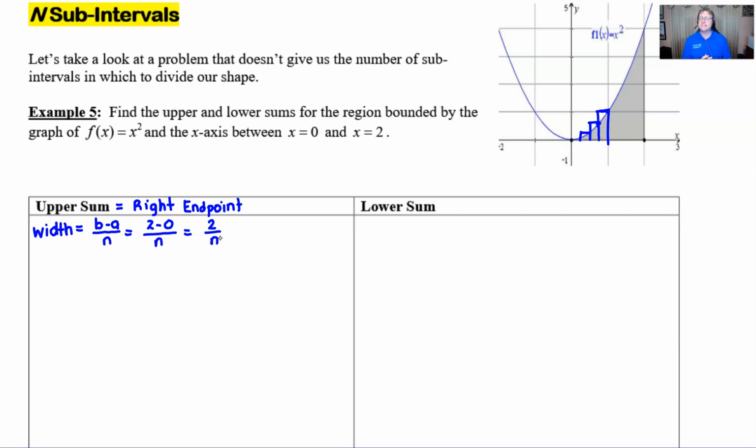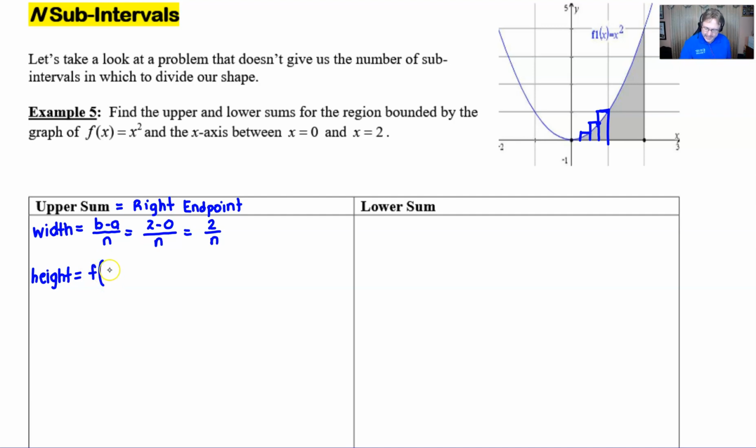So the very next thing that we do is focus on the height of each of these rectangles. And this is where things get a little bit more complicated. There is a formula that you can use for the height. And I'm going to go ahead and share that with you in this problem. And then I've got it in your notes on the subsequent page so that you can easily reference it later. But I want to talk about, as we move through this example, why this function here is going to serve as the height.